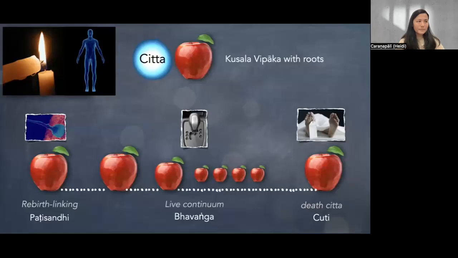So the rebirth linking chitta must be different, right? Something slightly different, but cannot be the same. Look, okay, this is actually the same question as Amar's question. So let's go to the next slide, and it will become clear.